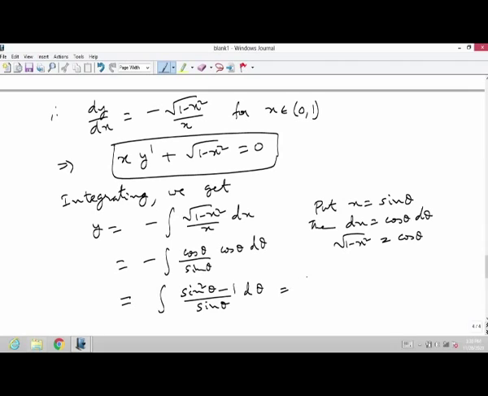which is minus integral of (sin square theta minus 1) by sin theta d theta. So, that is equal to integral of sin theta d theta minus integral cosec theta d theta, which is equal to minus cos theta plus log of mod (cosec theta plus cot theta) plus an arbitrary constant c.